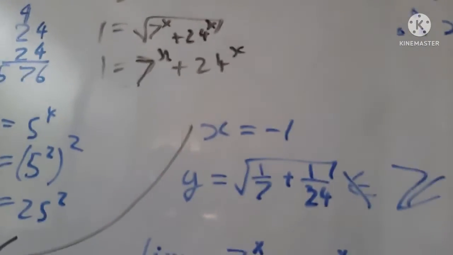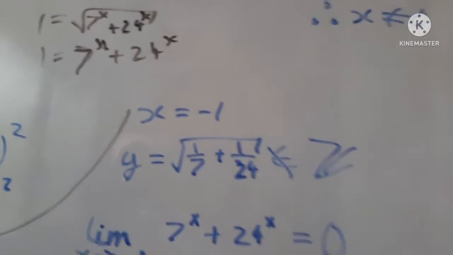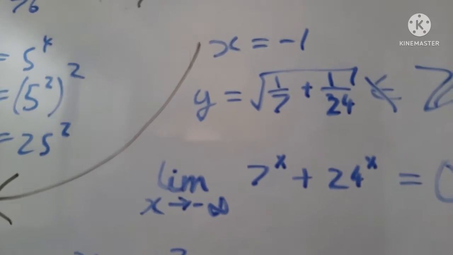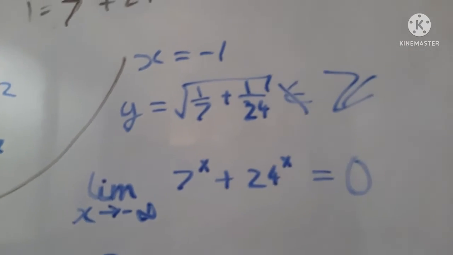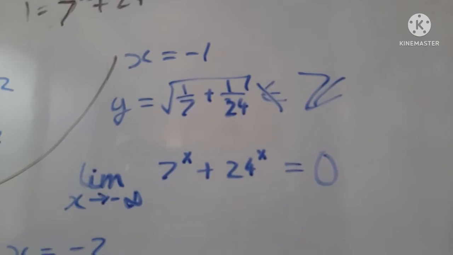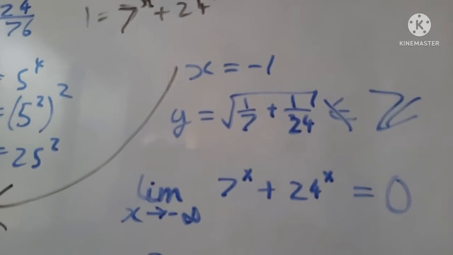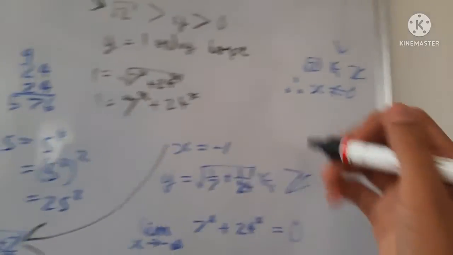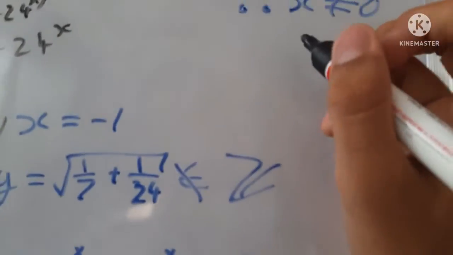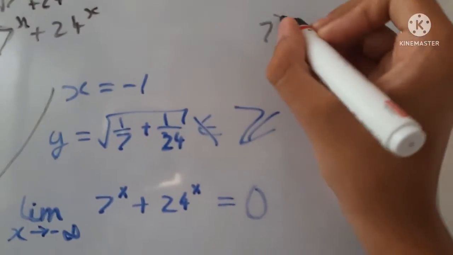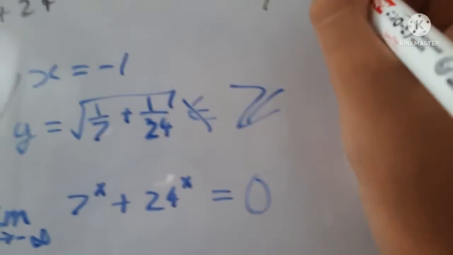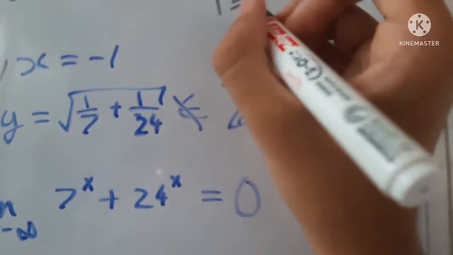Okay, so for these to be okay, can we have this? I don't know, dude. Okay, wait, I'll have to think about this. So we get 7 to the x plus 24 to the x, sorry.